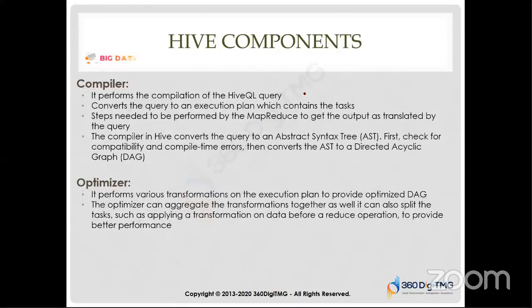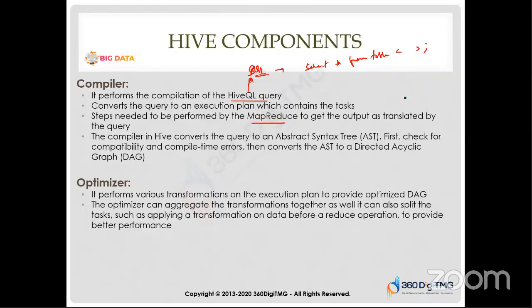Then you have the compiler. This compiler basically compiles the Hive queries that you are writing into MapReduce jobs. Hive, as I said, is a query language very similar to SQL. So I'll say select star from table name.